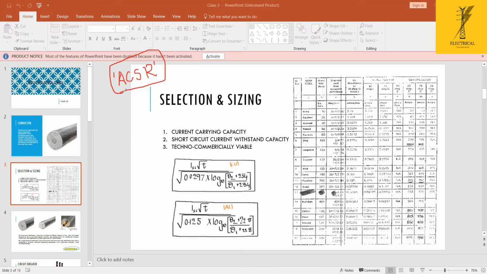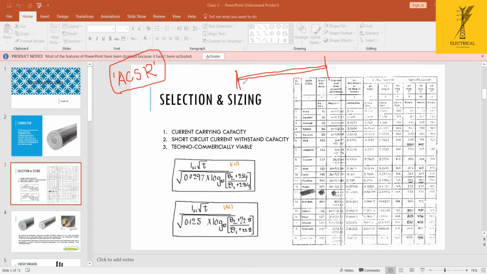What is a conductor? You can send the power from one end to the other end through some medium. So this material should have high conductivity of electricity. That material could be copper, iron, aluminum, whatever it may be, you can choose.